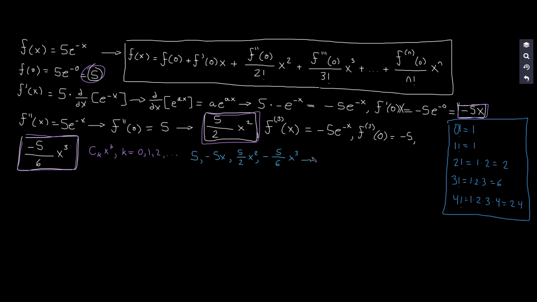We're going to take inventory of the signs, like what's going on. Well, we see alternating signs: positive, negative, positive, negative. And this tells us that the pattern is going to be negative 1 raised to the power of k.